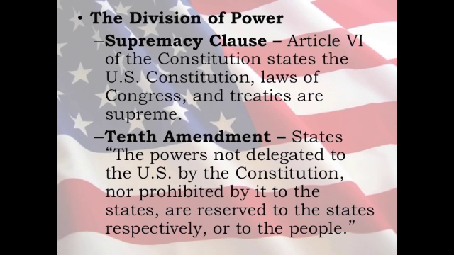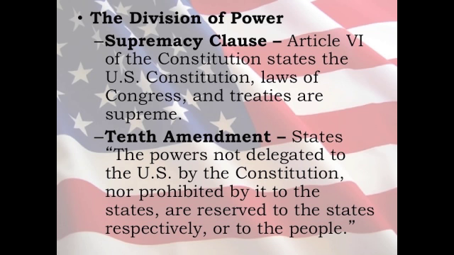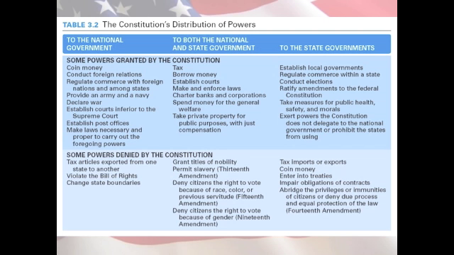The 10th Amendment states that powers not delegated to the United States by the Constitution, nor prohibited by it to the states, are reserved for the states, respectively, or to the people. There have been variations in the court's interpretation of the 10th Amendment. This chart shows the Constitution's distribution of power.